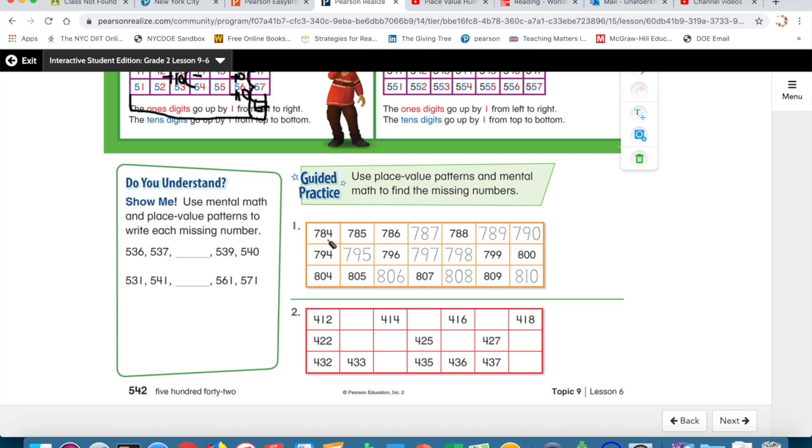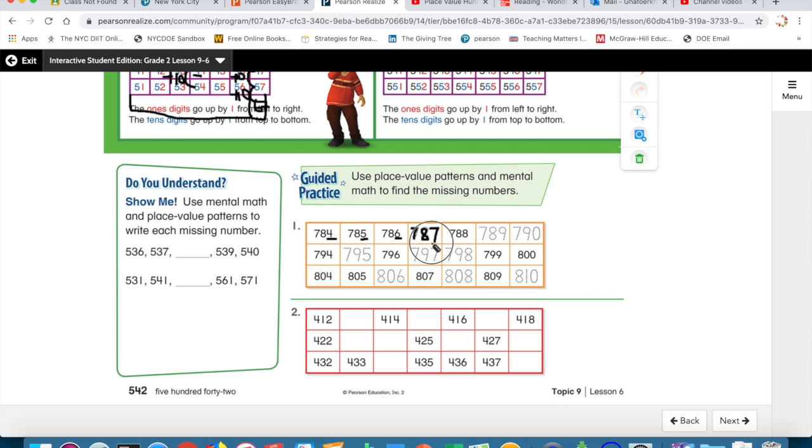So we have 784, 785. Notice the ones are going up. The tens is the same, and the hundreds is the same. 786. So the next number would be 787, right?